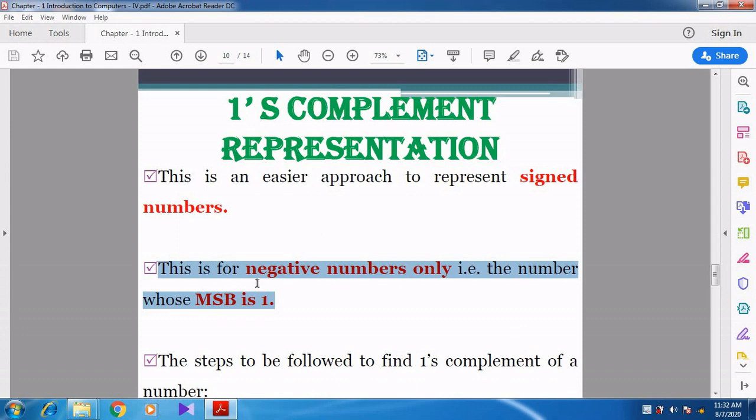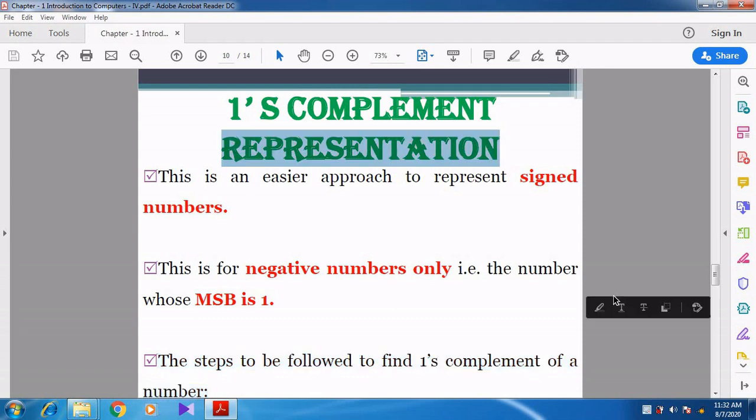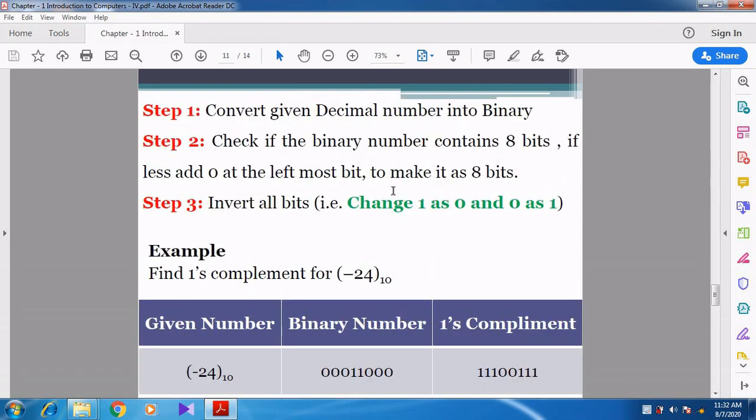Right. So what are the steps we should follow to find the ones complement number? For that we are going to see the steps, then the examples. First, convert the given decimal number to binary.